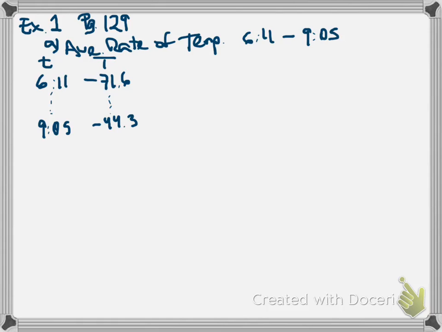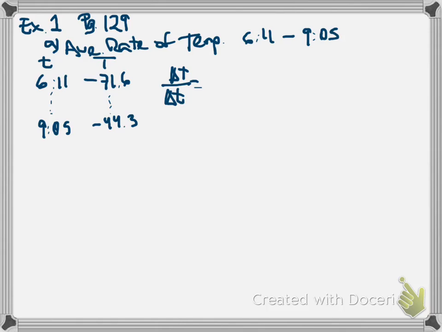So if we have to calculate the average rate of change on that one, we will be doing the change in the temperature over the change in the time. So my delta T, big T, temperature, over delta small t, time.